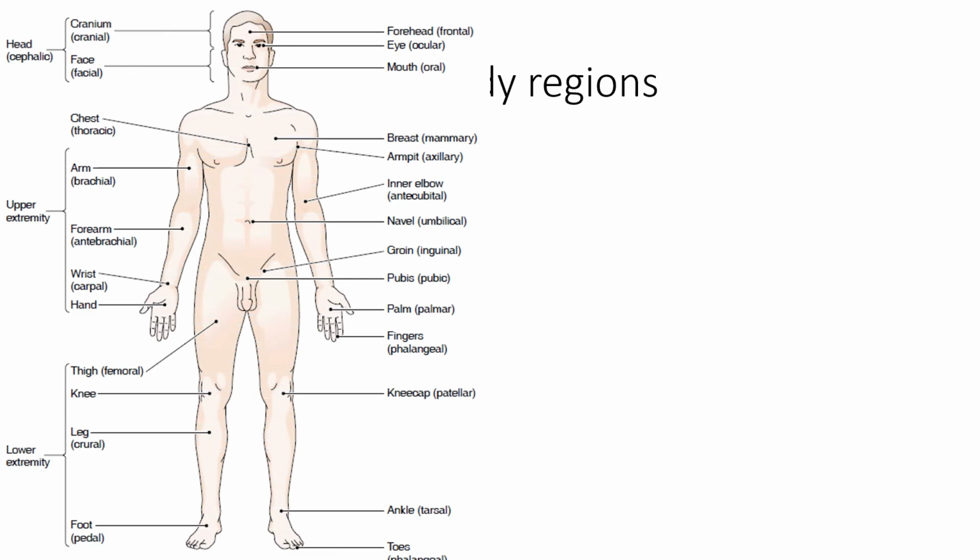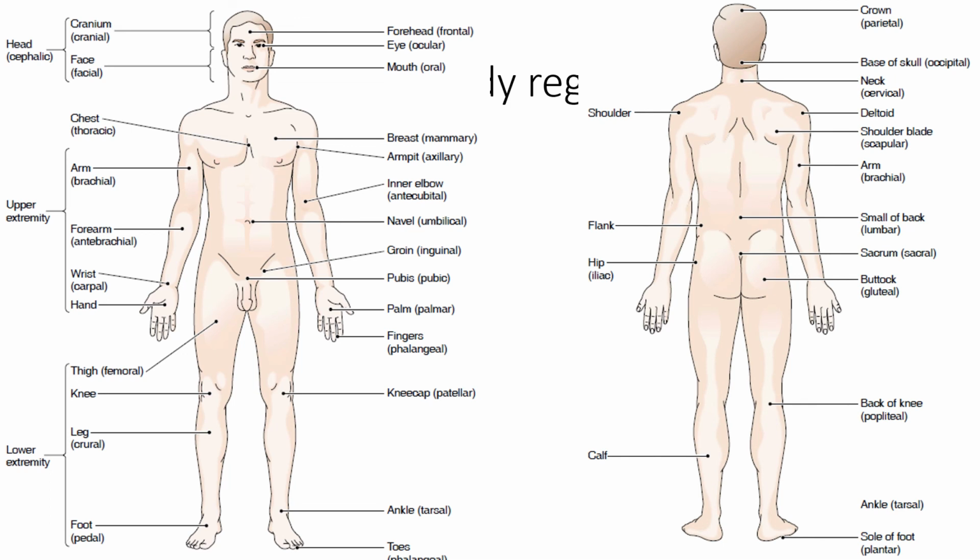And the last slide is common terms for the body regions. So we have cranial, cranium, facial, frontal, ocular, oral, thoracic, mammary, axillary, antecubital, inner elbow, navel umbilical, groin inguinal, pubis or pubic, palm or palmar.